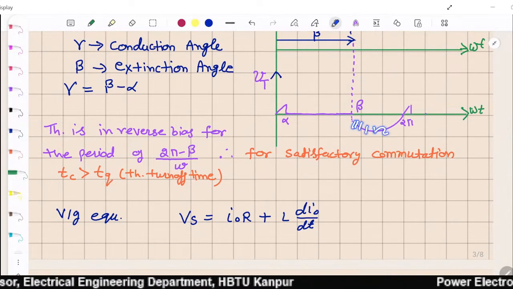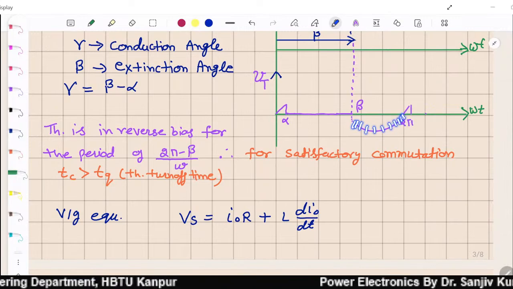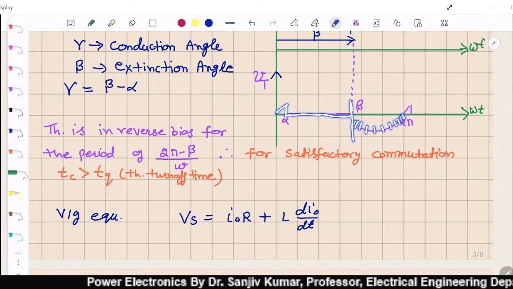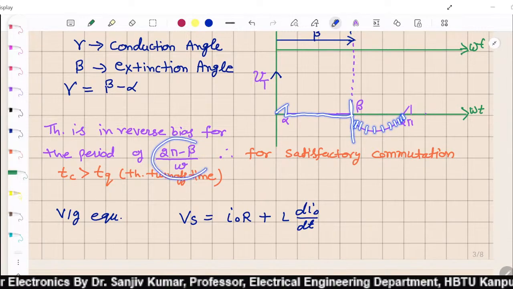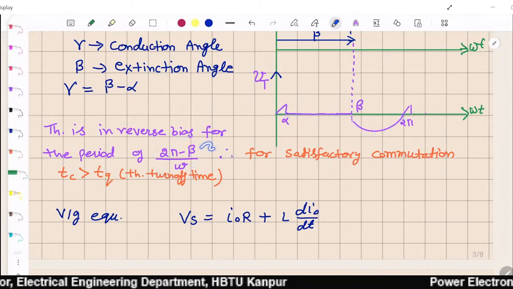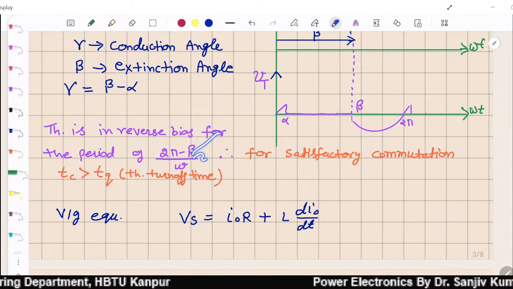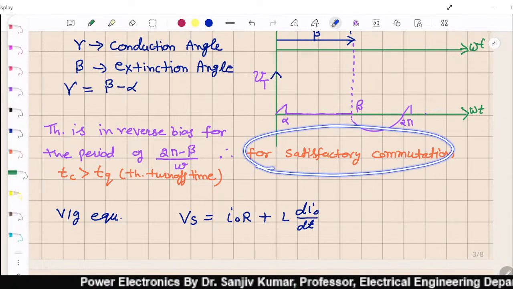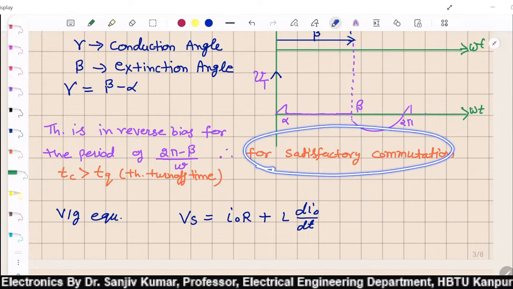For this duration. Here it is positive and here it is conducting. So 2 pi minus beta, divided by omega. Omega t is equal to 2 pi minus beta, so t is equal to this. This is the time during which our thyristor is in reverse bias.